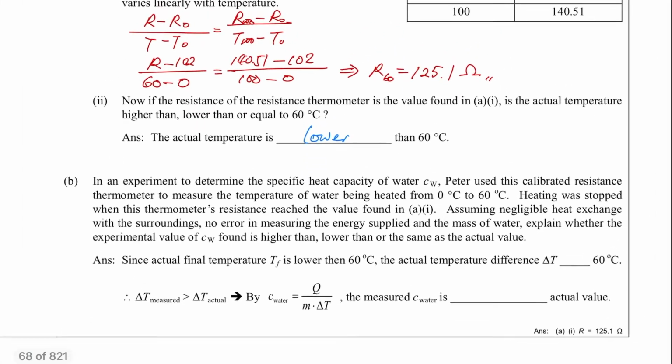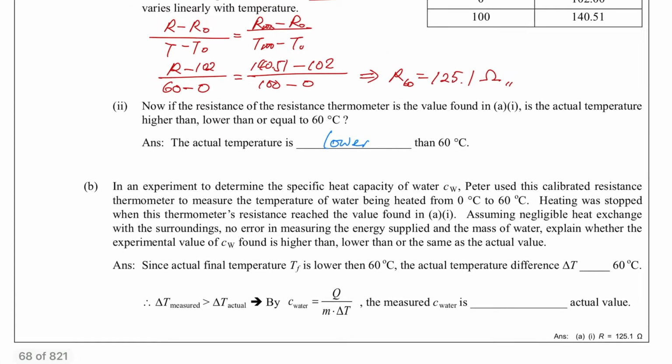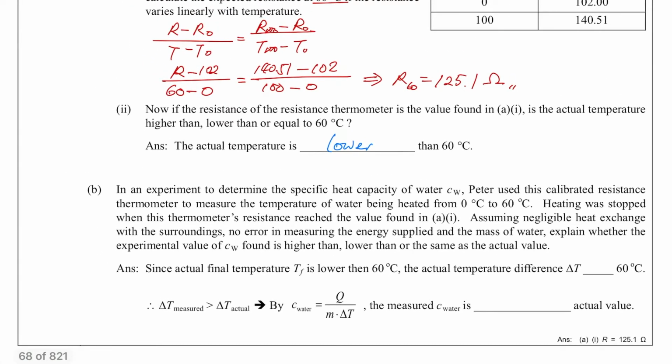So part B. In an experiment to determine the specific heat capacity of water, this thermometer is used to measure the temperature from 0 to 60. So heating was stopped when the thermometer's resistance reached 125.1 ohm.